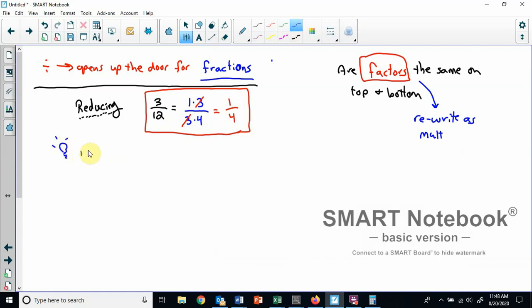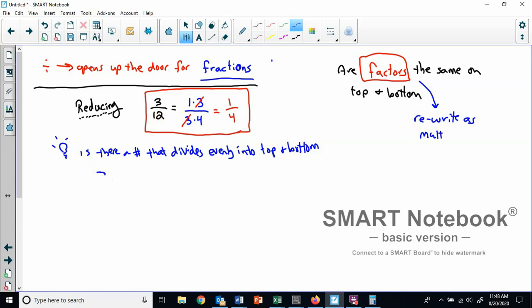Is there a number that divides evenly into the top and the bottom? Same process, because dividing is multiplying by the reciprocal, it's really the same thing. Is there a number that I can divide the top and the bottom by evenly?